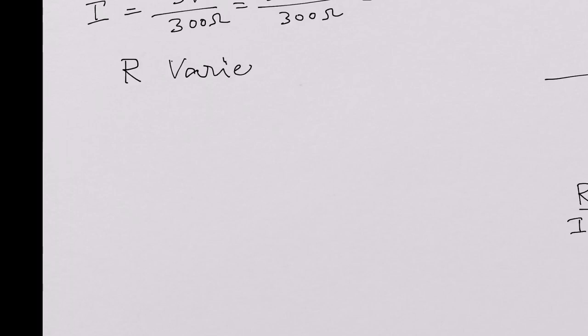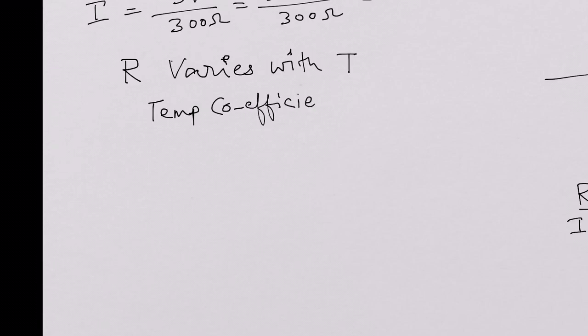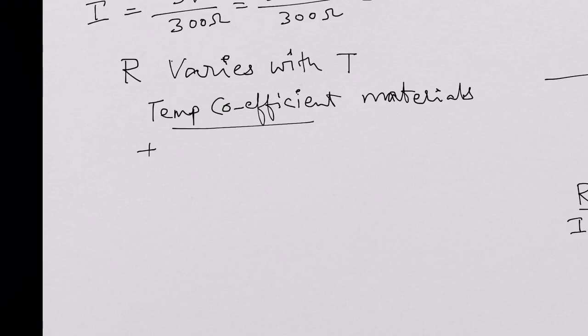So usually resistances will vary with temperature, and there is a temperature coefficient associated with that, and it depends on the material type. Some materials may have a positive temperature coefficient, some materials might have a negative temperature coefficient.